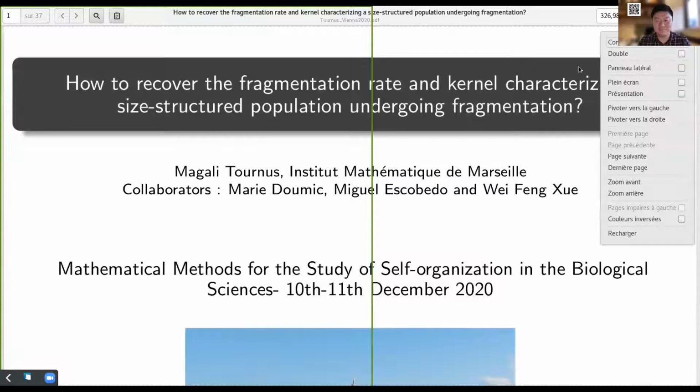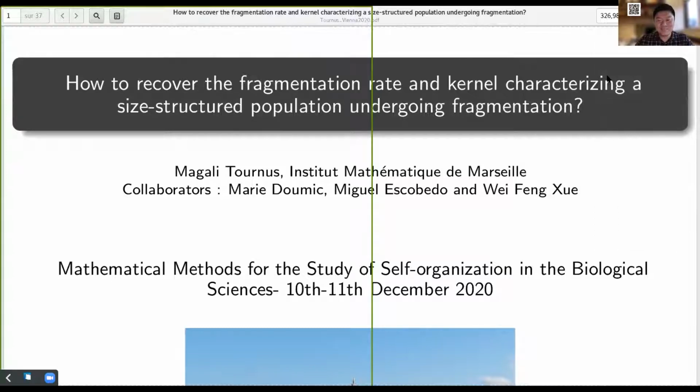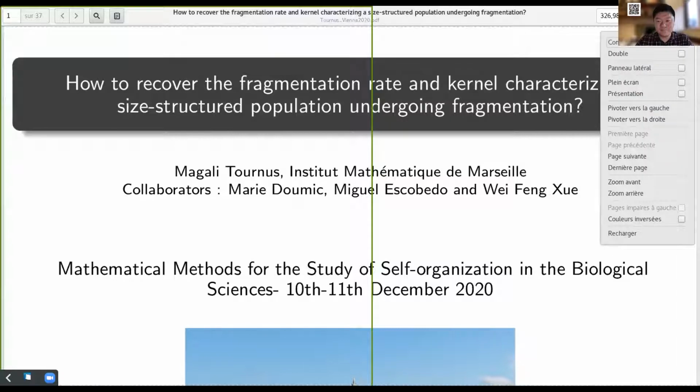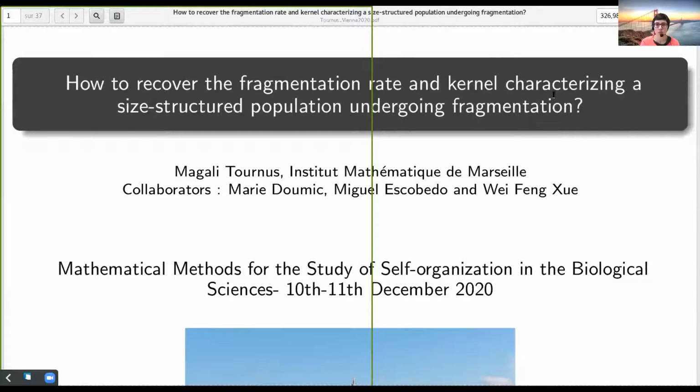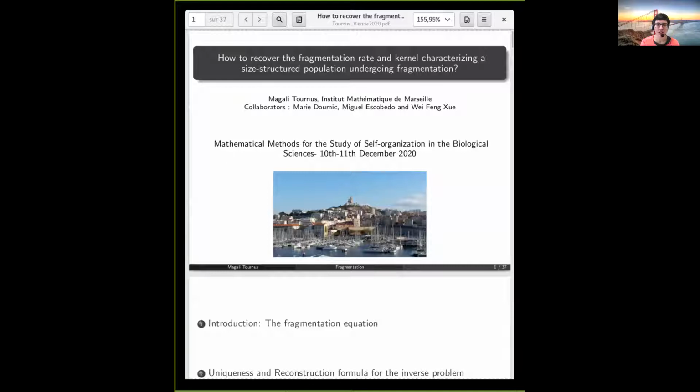Hello. Thank you, Wei-Feng. I'm trying to share my screen. Yes, we can see there is a green line in the middle. I don't know why.